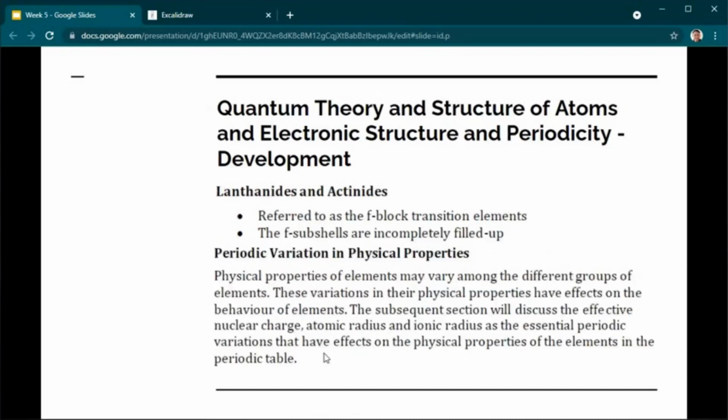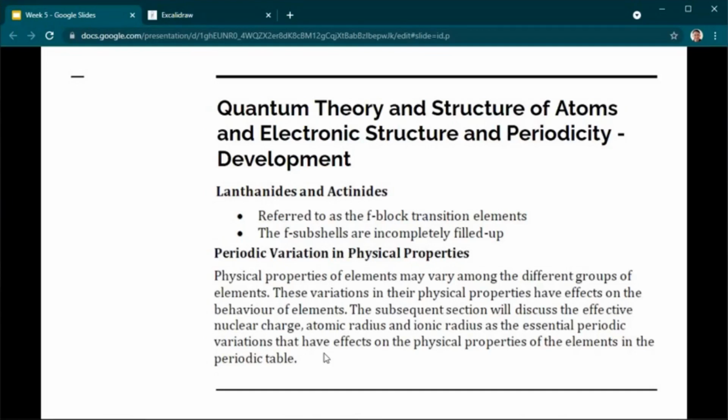Lastly, we have the lanthanides and actinides, referred to as the f-block transition elements. The f subshells are incompletely filled. So notice that the major classifications are classified according to the outermost subshells.